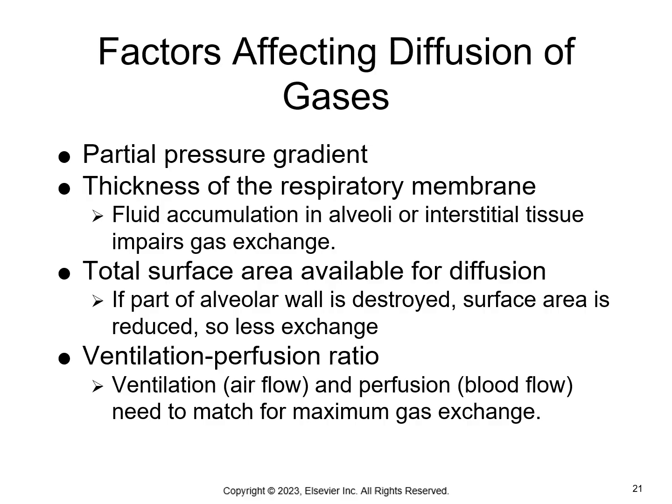A VQ mismatch is an imbalance between the ventilation and the perfusion in the lungs, and it means that certain regions or areas of the lungs are not optimally exchanging gas because of inadequate ventilation or inadequate blood flow relative to the ventilation. Imbalances in this ratio can lead to critical respiratory conditions.